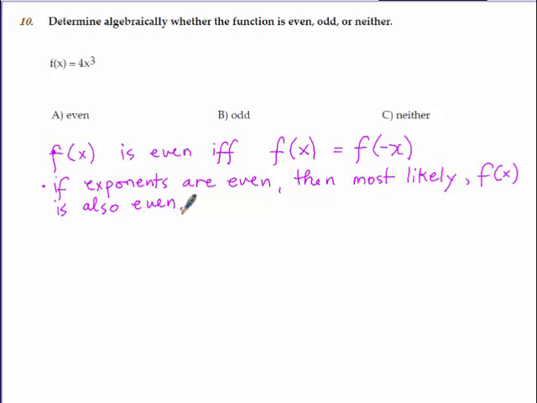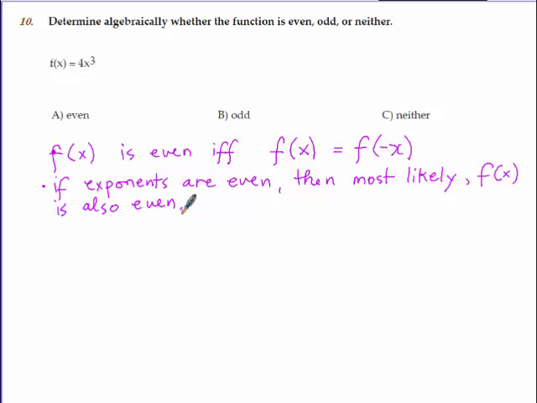In this case, our f of x is 4x cubed. The exponent given there is only 1, which is the exponent of our x, and it is 3, so our exponent is odd.